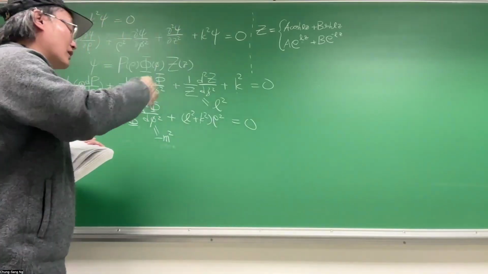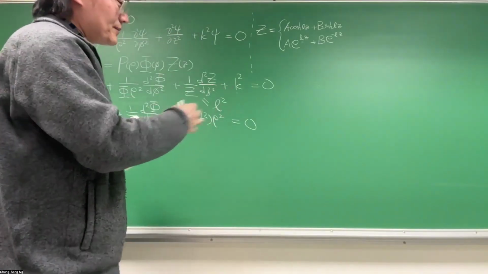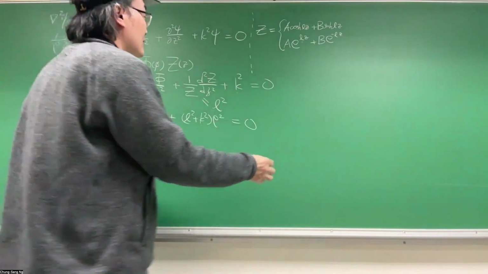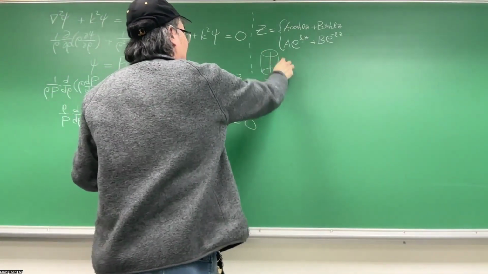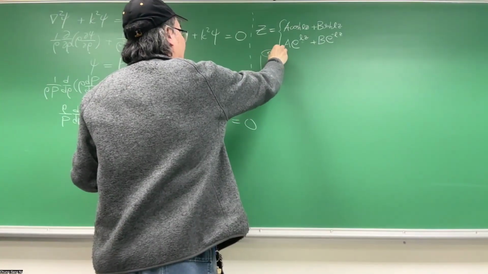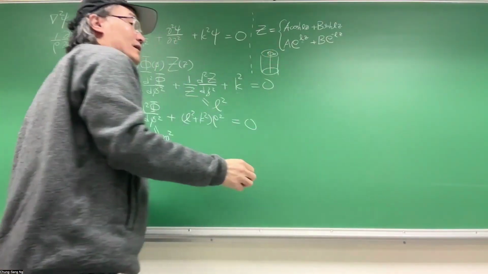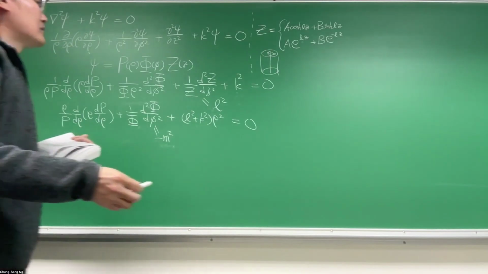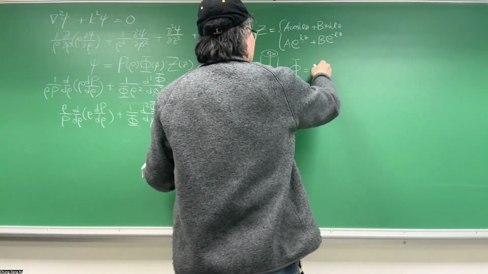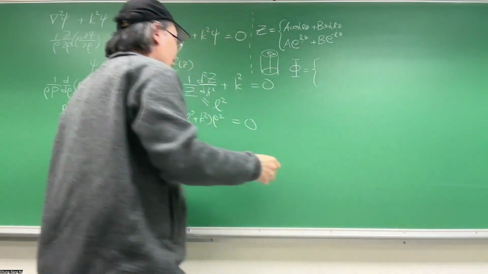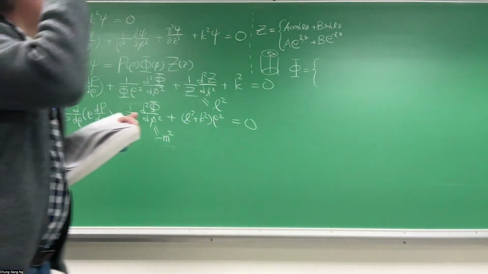Whatever the shape, it depends on the boundary condition. So if you have a problem that involves all 2 pi values of phi, the form of the solution is the same. It's just whether m is an integer or not.